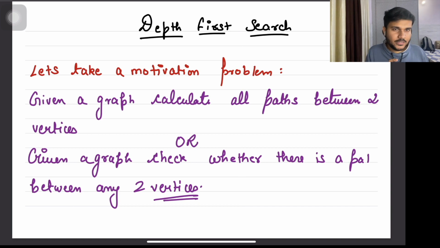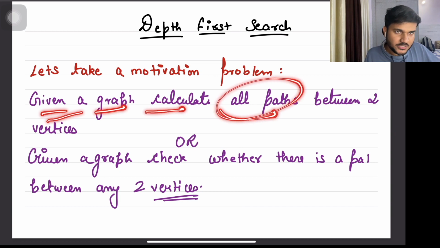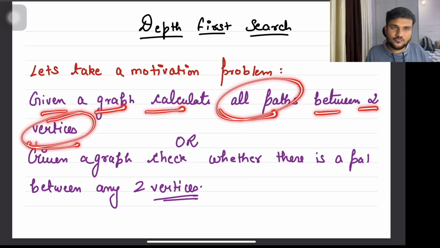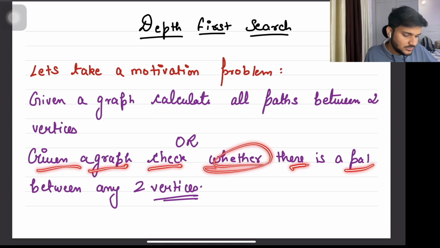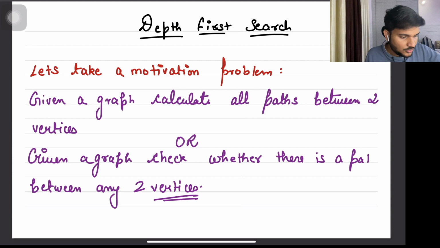In order to explain it a bit better, let's take a few motivation problems. Let's say you are given a graph and you want to calculate all paths between two vertices of the given graph. Or maybe you can take one more question: given a graph, check whether there is a corresponding path between any two vertices.